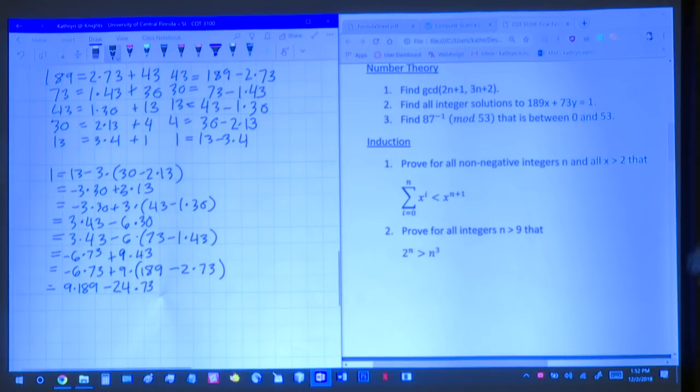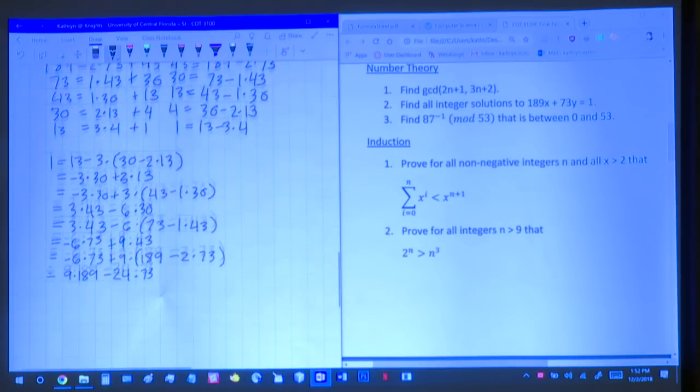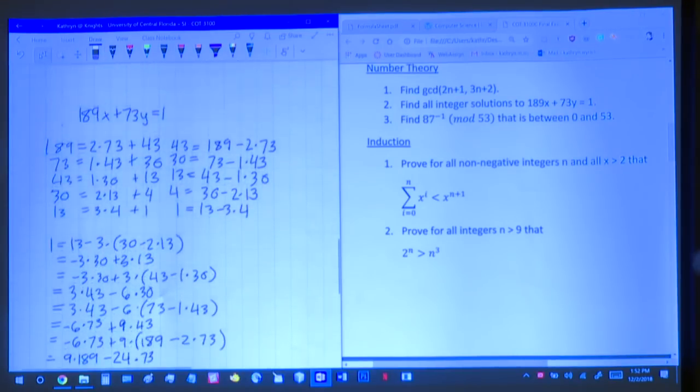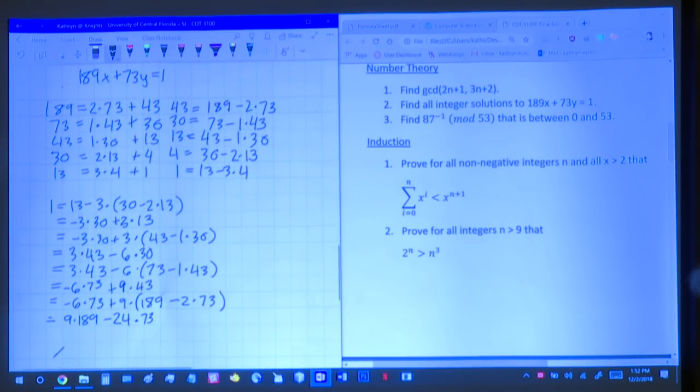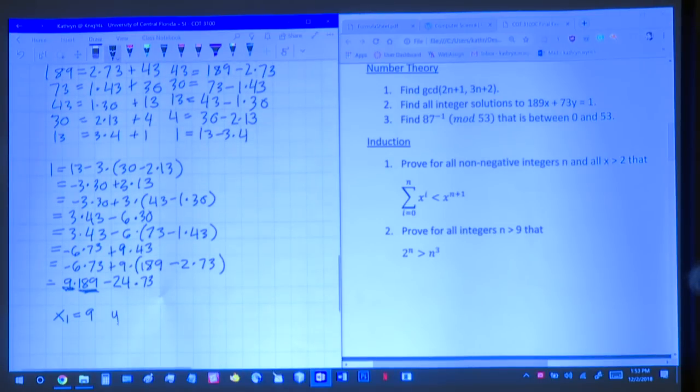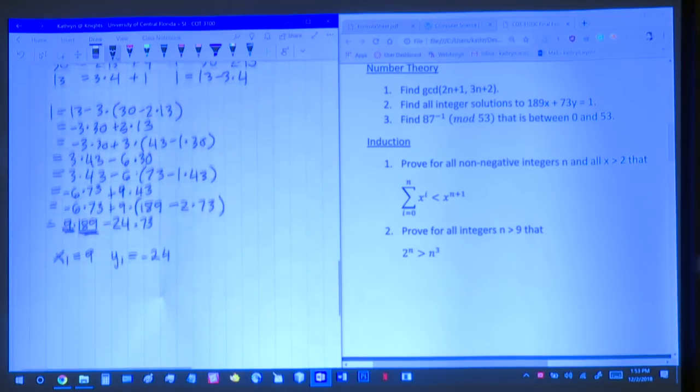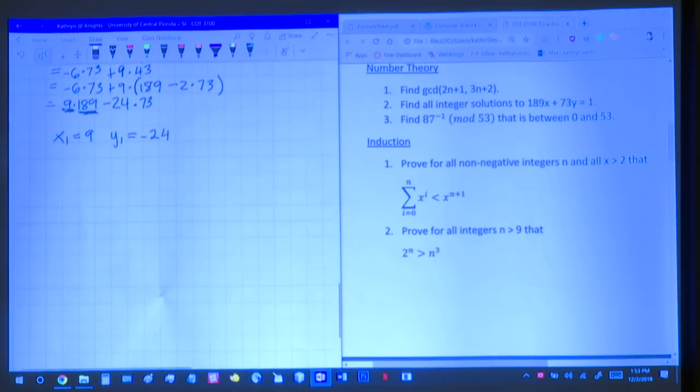Okay, so once we get to this point where there are no more substitutions we can make, we would say that x1 equals 9, because that's our value multiplied by the x coefficient, and then y1 equals negative 24. And then we would use our formula for all integer solutions.